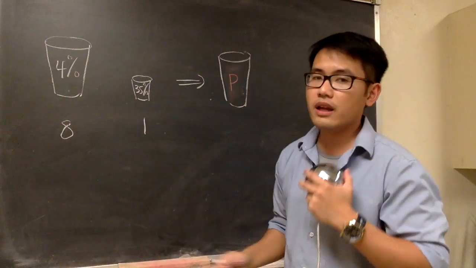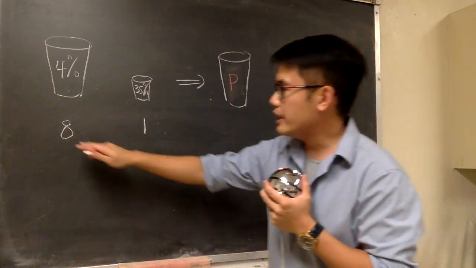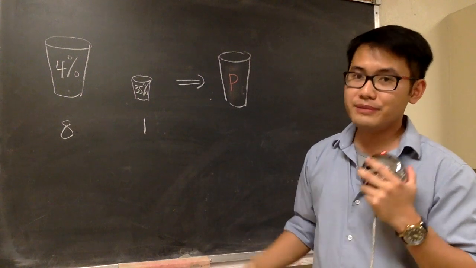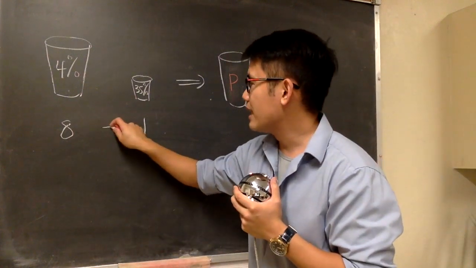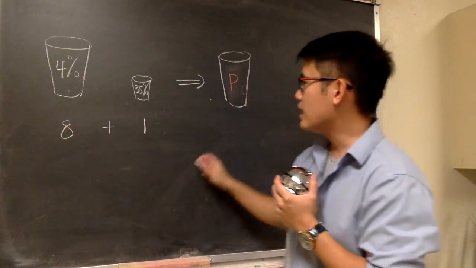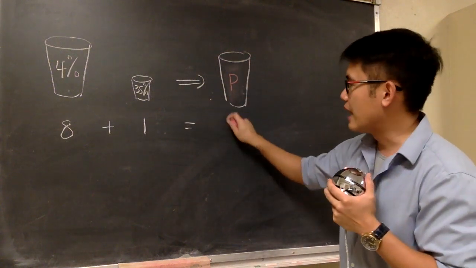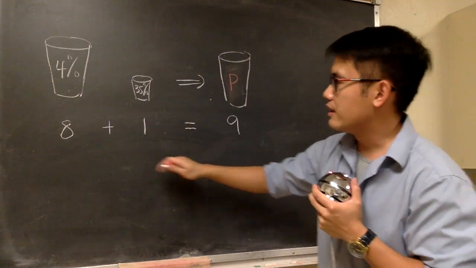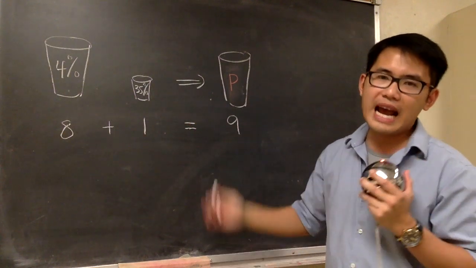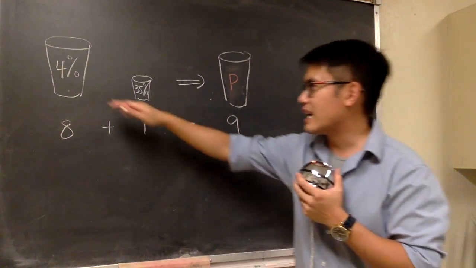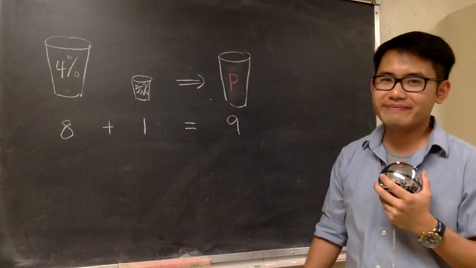This is 1 ounce. They are amounts. Can we add these two together? Yes. 8 ounces plus 1 ounce. At the end, it must be 9 ounces. For the amount, we can add, okay? Just not the alcohol concentration.